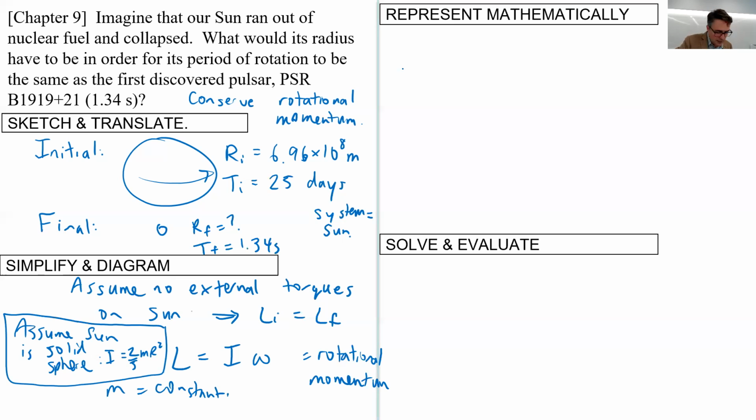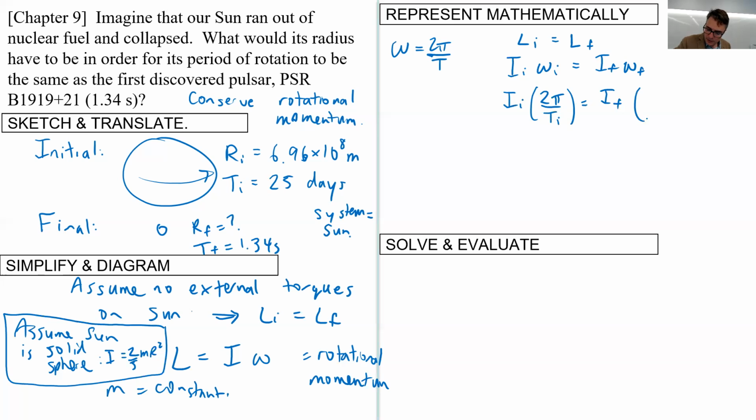then what you've got is L initial equals L final. L initial is I initial times omega initial, equal to I final times omega final. The other thing we need to know is that omega is equal to 2 pi over period. We are asked about period, so we can convert that to I initial times 2 pi over T initial equals I final times 2 pi over T final.